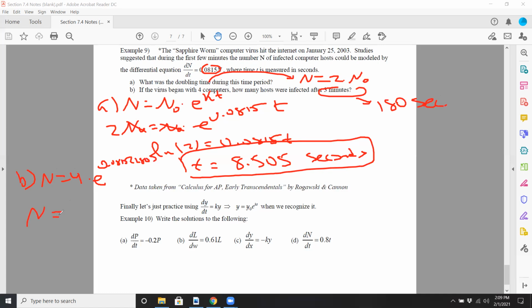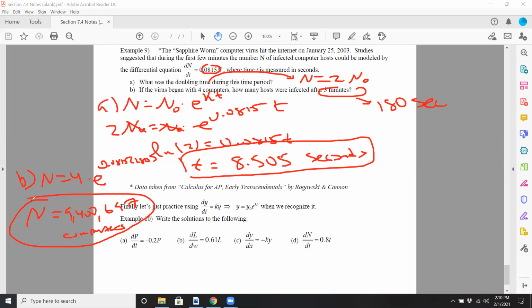So it's very rapid. If I do 4 times e^(0.0815 times 180), yikes, you see 9.4 million computers were infected. 9,400,697, roughly, rounding up, computers were infected. That's crazy.